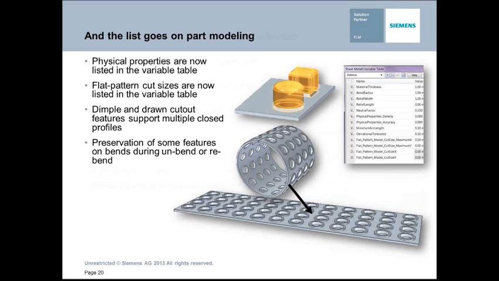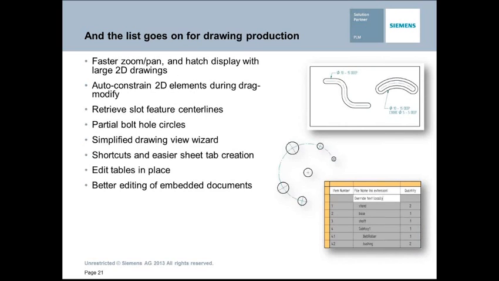Now I say some, but it's pretty darn impressive. We have also enhanced centerline controls for things like our slots, and also we've enhanced our hole circle command, our bolt hole circle command, and we've even re-enhanced, because last iteration we enhanced the bills of material, the bill of material and tables commands so that they are far more user-friendly.